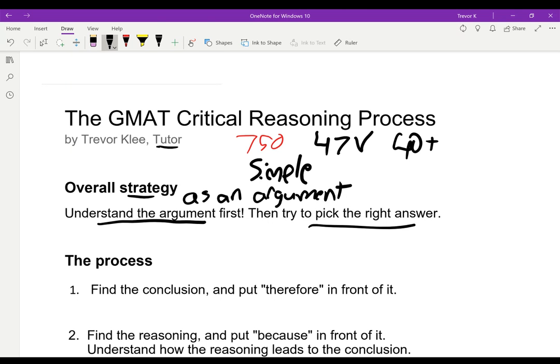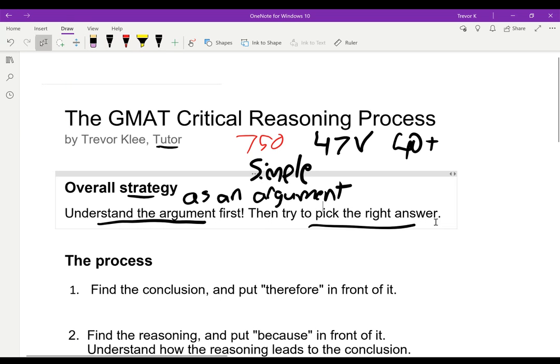Don't get super worked up being like, oh, what's the right answer? Really look at what their argument is and try to understand it before you start looking at the answer choices. I think that makes a big difference and makes critical reasoning a lot easier. So, with that in mind, let's take a look at the process.